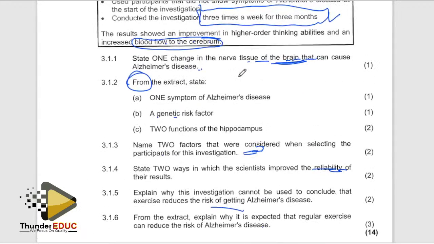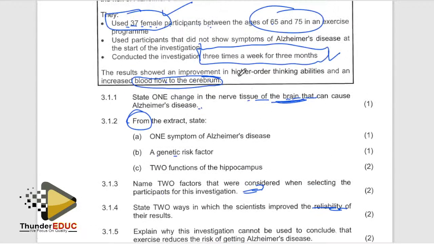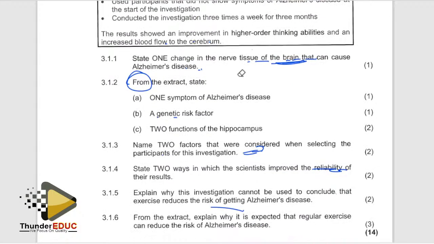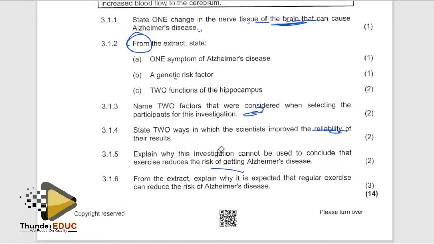You see, because if you have the ability to think, to remember and process, then automatically you won't suffer from Alzheimer's. Remember, this disease is caused by forgetting. You can't remember, you can't think. So now you doing the exercise, then it will help in these symptoms not appearing. You understand? That's why we are saying, explaining why it is expected that regular exercise can reduce the risk.